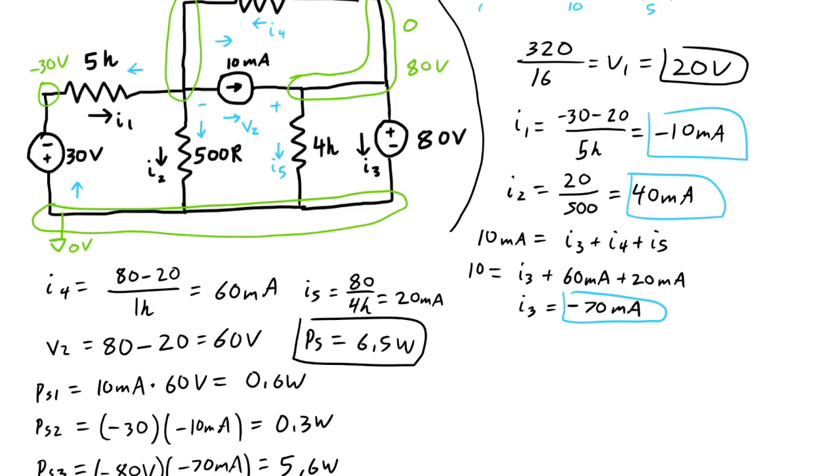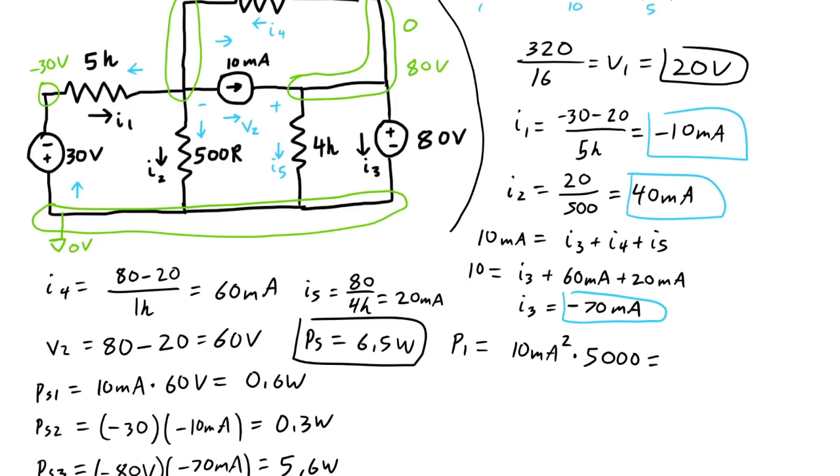So let's go ahead and find the power dissipated. Go one by one. So call P1, that'll be the 5K resistor. The current through the 5K resistor is 10 milliamps. It's going to be squared, so we don't care about the minus, times 5,000.